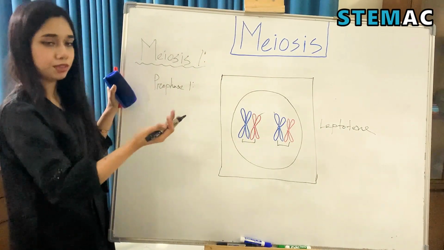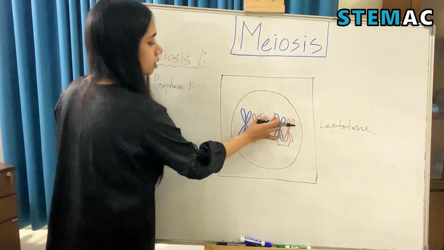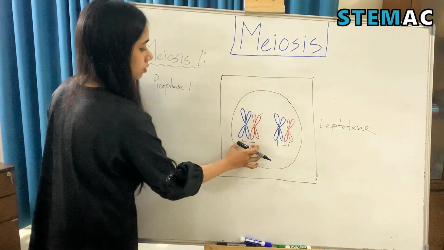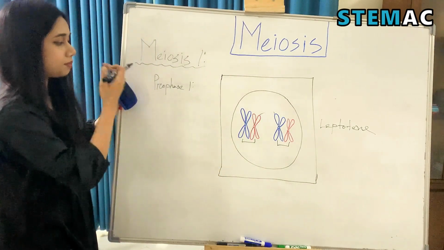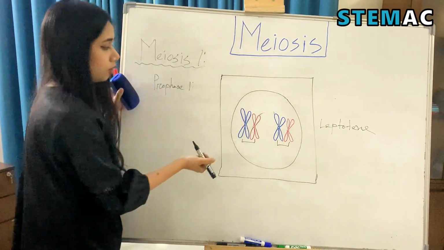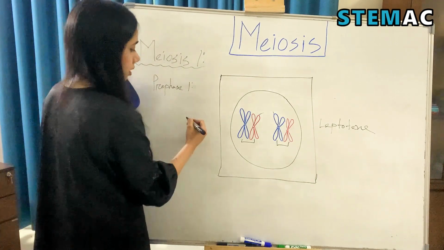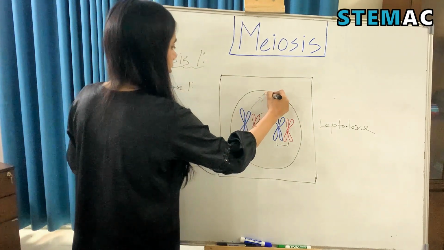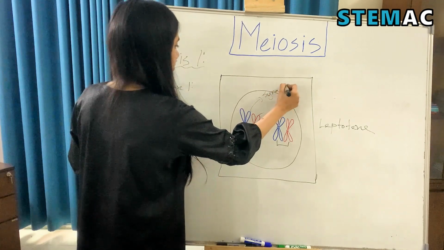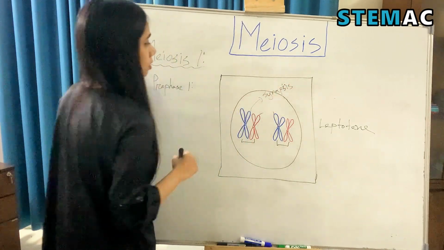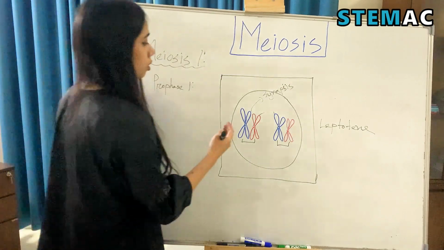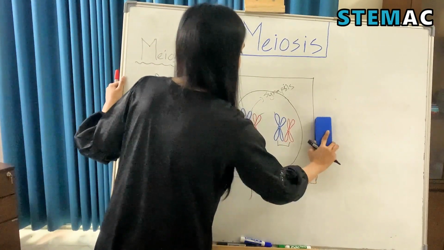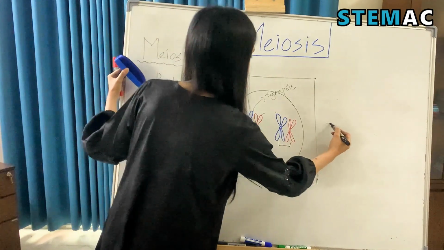But these two chromosomes together have formed a homologous chromosome pair, and the formation of a homologous chromosome pair is called synapsis. This whole thing takes place in the zygotene phase of prophase 1.